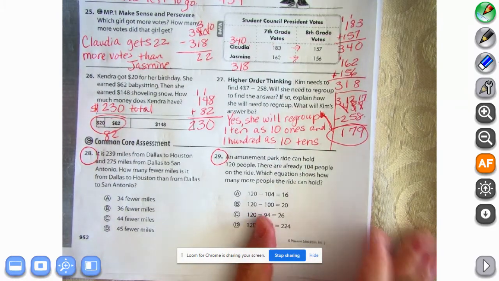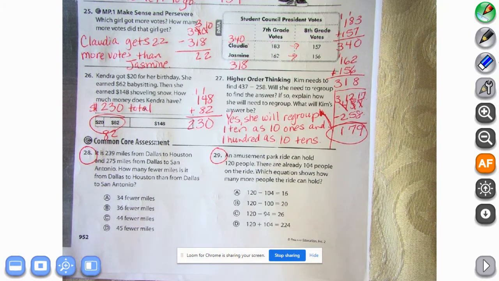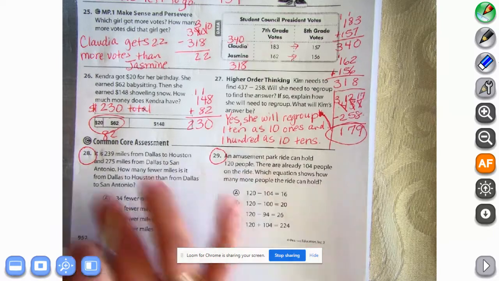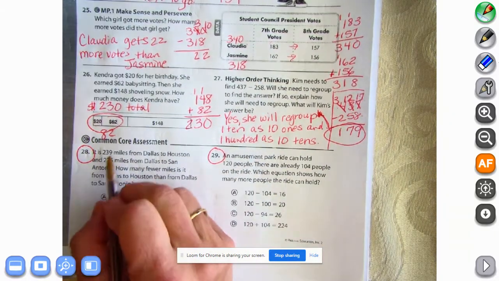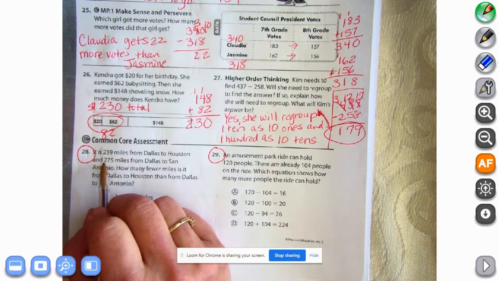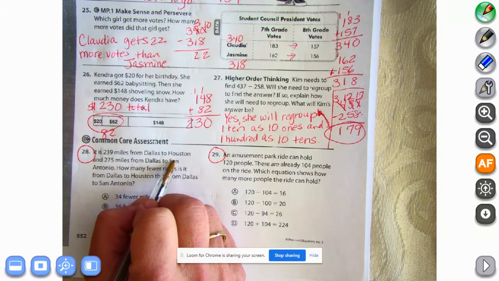All right, make sure you have everything on here written down on your paper. And then I'm going to have you do these at home. I'm going to read them real quick so that you know what they're asking. And then I want you to select your answer and do the math. You can write on the sides here to figure it out. It is 239 miles from Dallas to Houston, and it's 275 miles from Dallas to San Antonio.